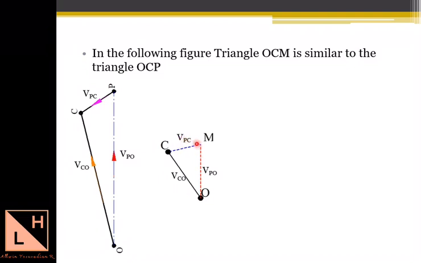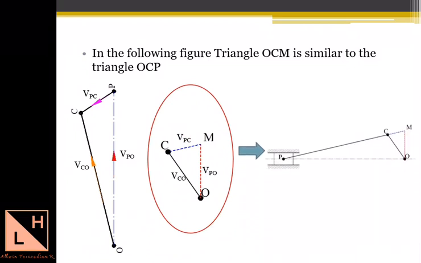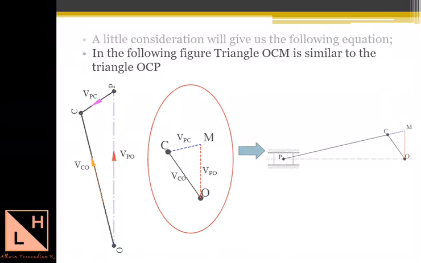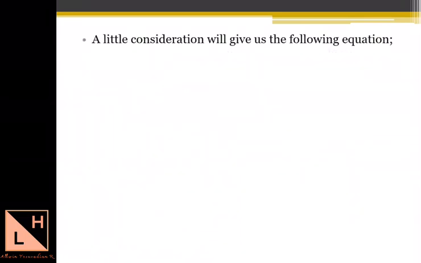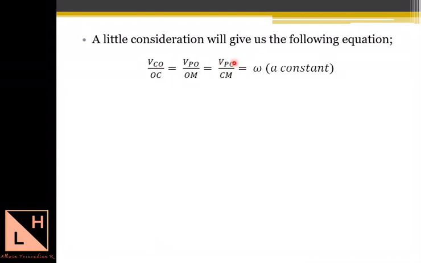We all know that this triangle OCM was obtained from the slider crank mechanism by constructing two lines as we discussed in the beginning. Now once these triangles are similar to each other, a little consideration will give us the following equation: VCO by OC, VPO by OM, VPC by CM will be equal to omega.